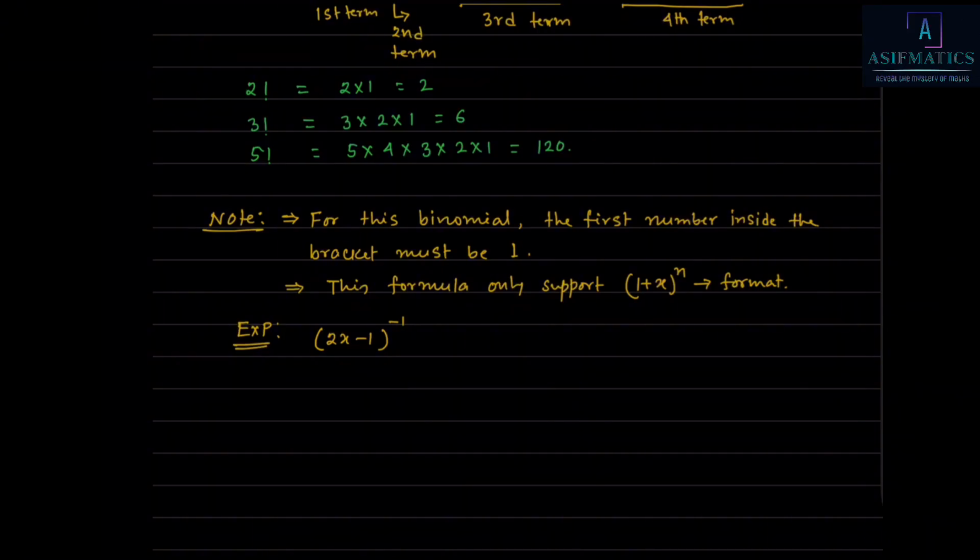You have to write it in a proper format, and after that you can do it. So you change this format to minus 1 plus 2x to the power minus 1. You must write 1 first within the bracket. So the first term must be 1 and then it should be the x term. Otherwise you cannot solve it.